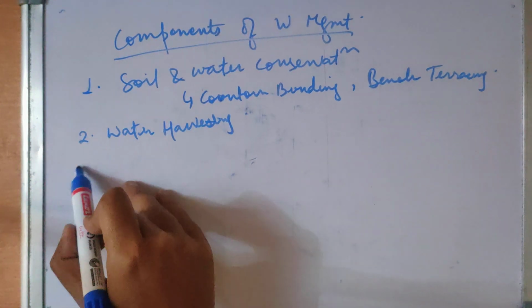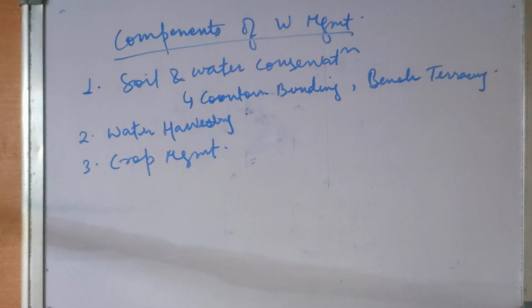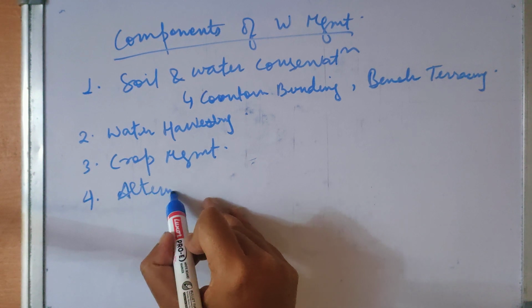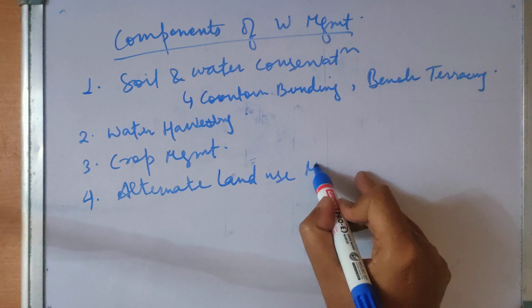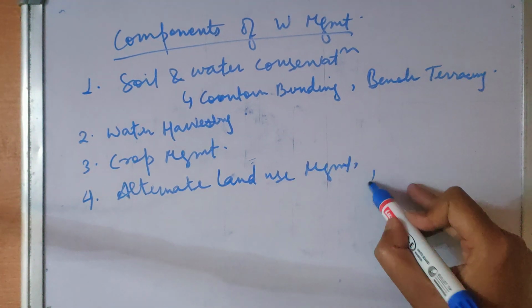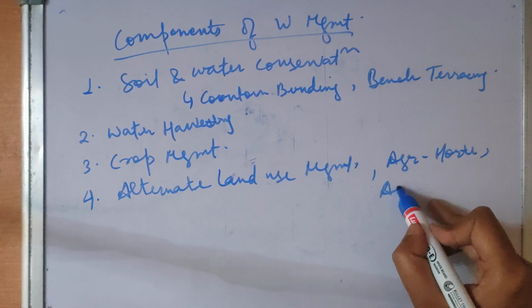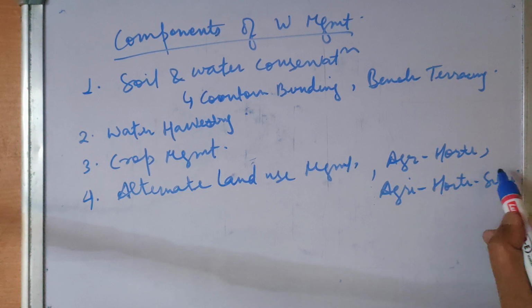Crop management. We need to choose the best crop for our lands. We need to prepare our lands accordingly. And we need to do intercropping. Alternate land use management, for example, agriculture with horticulture, silviculture.